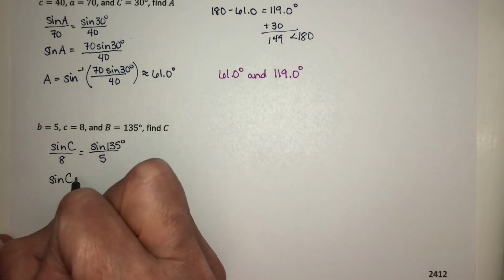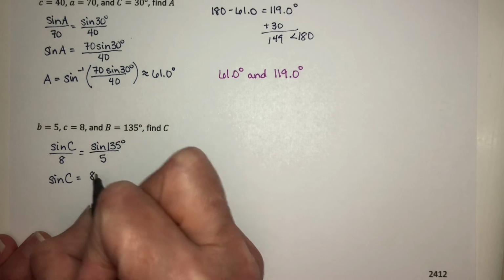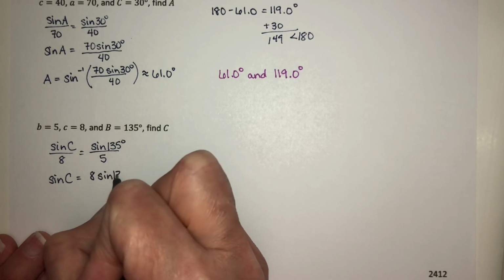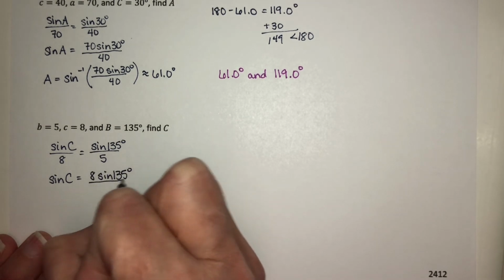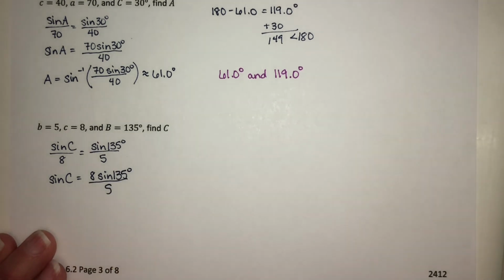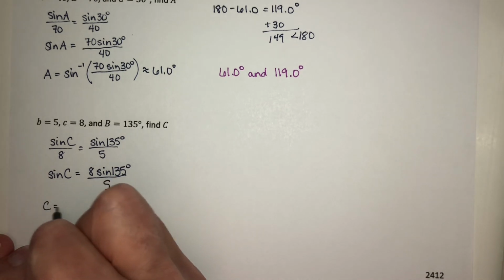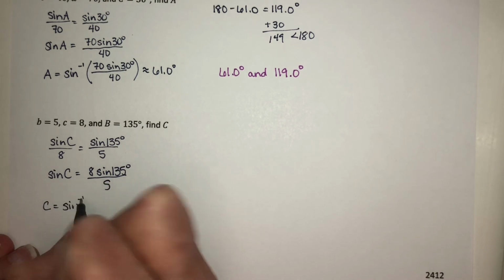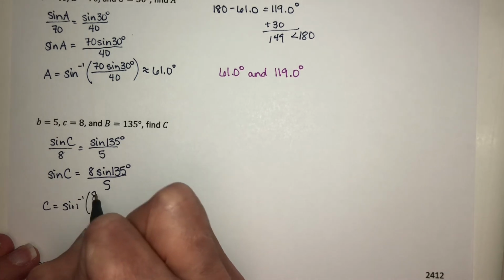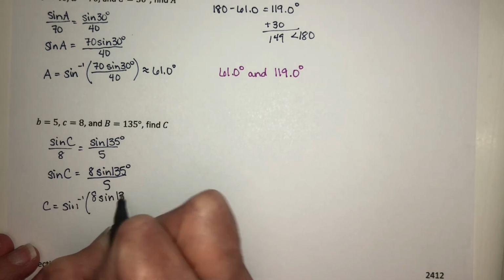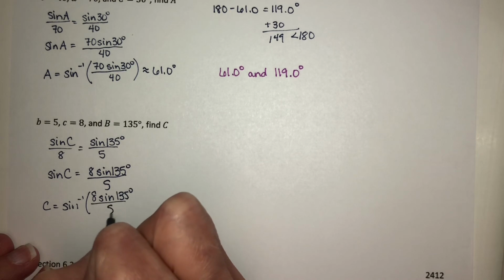So sine of C is 8 times sine of 135 divided by 5. Okay, so C will equal sine inverse of 8 sine 135 divided by 5.